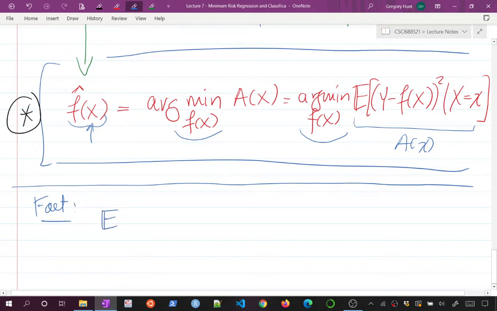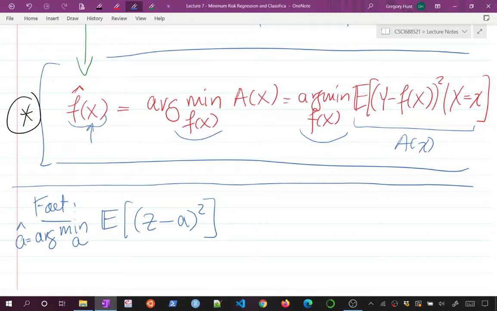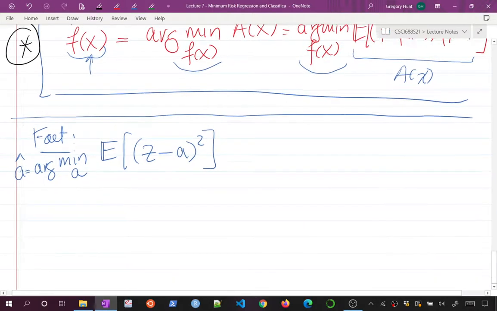So just as an aside, if I have a random variable z and I want to minimize, let's say a hat is the a that minimizes the expectation of (z minus a) squared, where z is a random variable, okay? How do I do this? Well, this is a Calc 1 problem, right?